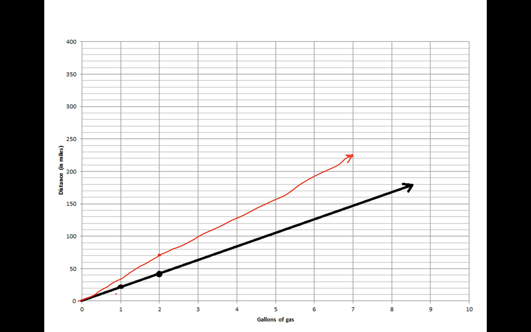The Volt would go 41 on the first gallon. By the second gallon, it could go 82. So it would be even steeper. You can see it would travel even farther. And again, this is not real accurate, but this is our Volt. This is our Focus. This is a Suburban.